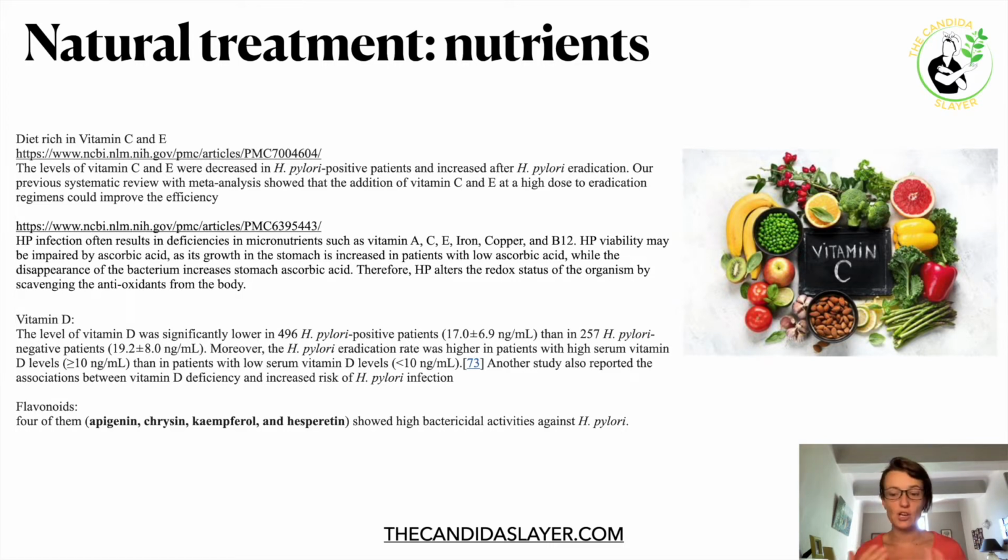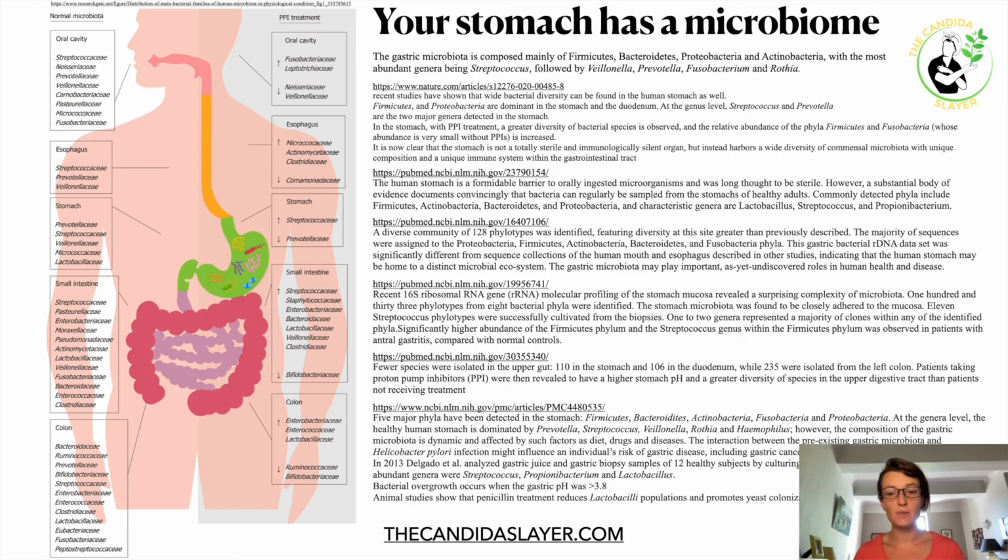And what changes the pH in the stomach? As we just said, it can be PPIs, other antacid medications, or antibiotics. It can be medications that change the pH and therefore the population of your stomach and of your whole digestive system.